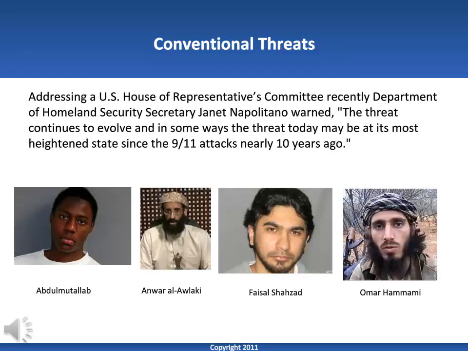Luckily, Shahzad wasn't the sharpest tool in the shed and was unable to bring the bomb to fruition, or it would have been a devastating attack. The belief is that this was in retaliation for a U.S. drone strike that killed a TTP member. But it just speaks to another group that wants to strike at the United States.